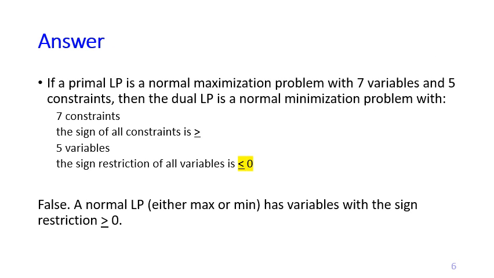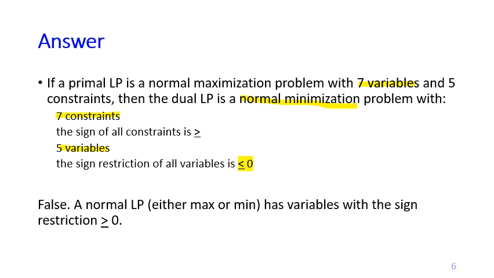The answer is false. Let's see where the statement goes wrong. Primal LP is a normal maximization, so dual LP is a normal minimization. Up to here, it is correct. 7 variables in the primal will become 7 constraints in the dual. This is correct. 5 constraints in the primal will become 5 variables in the dual. So up to here, everything is correct.